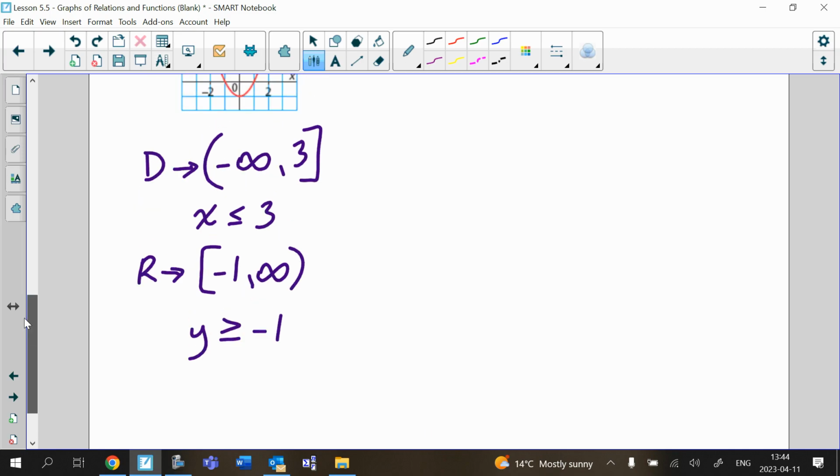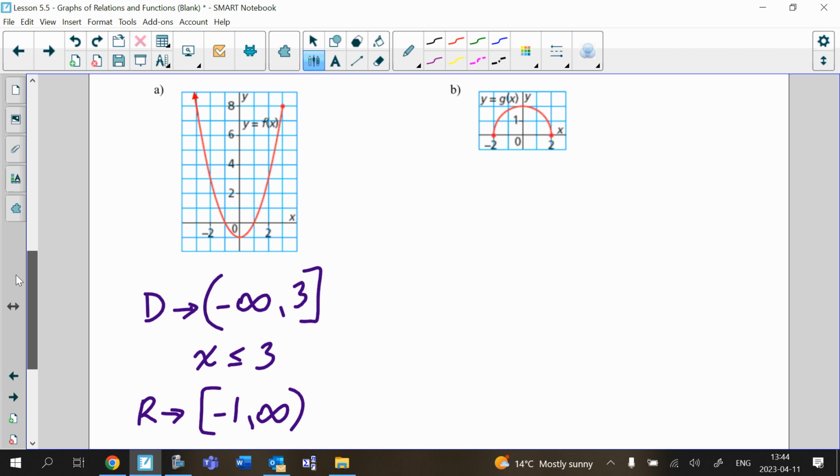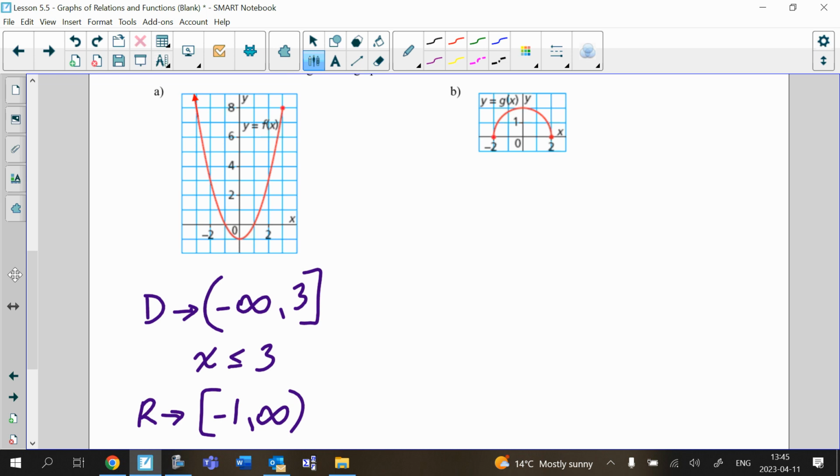And that would be -2 less than or equal to x less than or equal to 2. The range, change your thinking, lowest to highest. And it's y values. 0 to 2 with brackets. And you guys are quite familiar with how to change that to set notation.